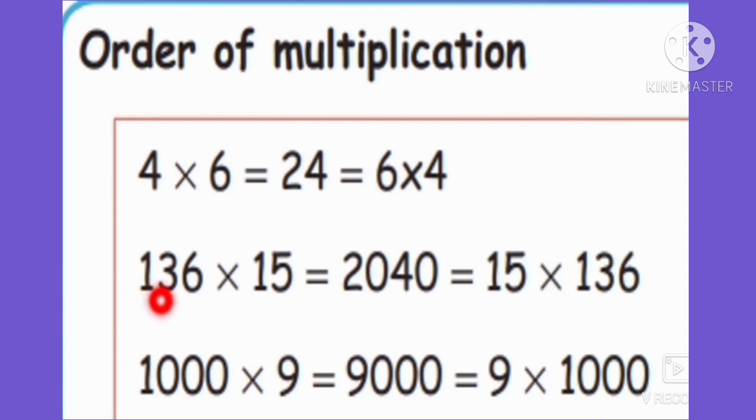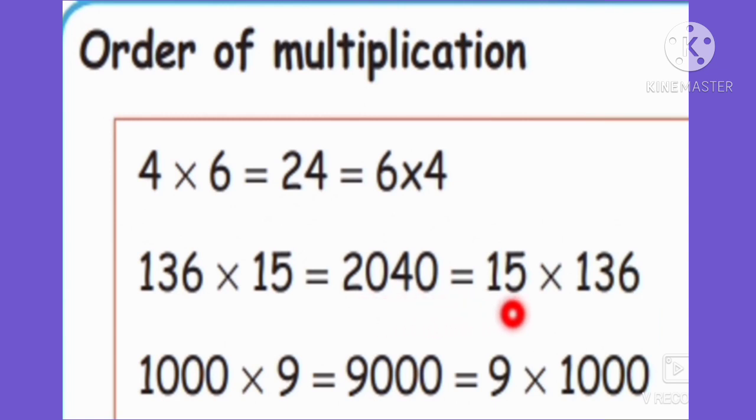See the second example, 136 into 15 gives 2040. And if you interchange the numbers as 15 into 136, again it gives the product 2040. In the last example, 1000 into 9: we know that 9 is followed by 3 zeros, so 9000.